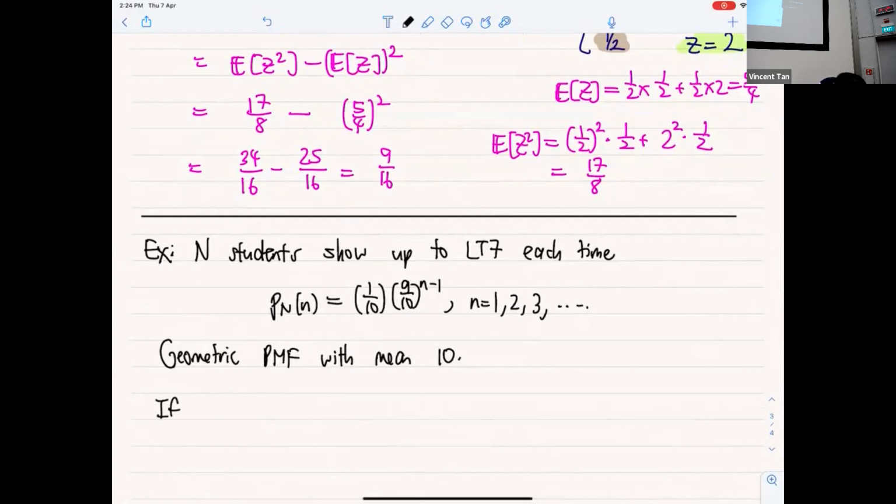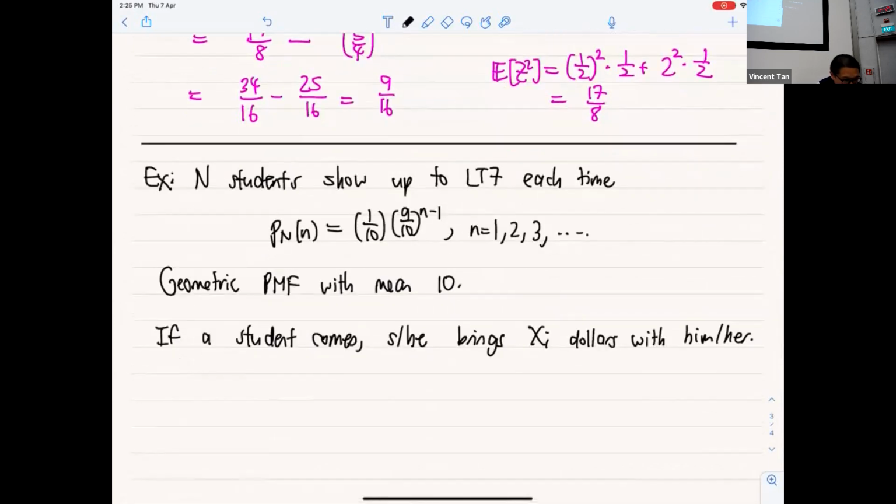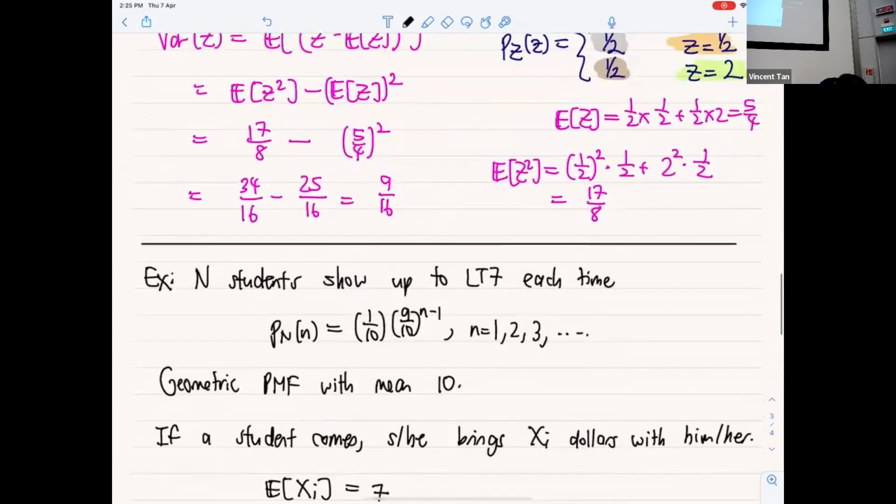Now if a student comes, he brings X_i dollars with her. So everyone brings a random amount of money. And from our past experience, from this class and from me looking at all your wallets, I know that the mean of the amount of money you bring is 7, just like last time.